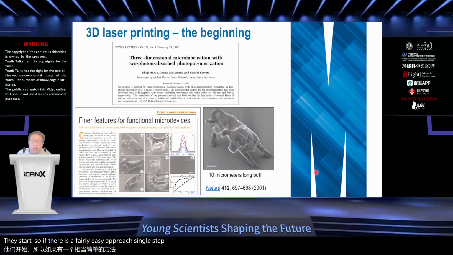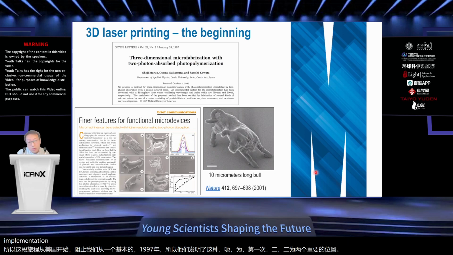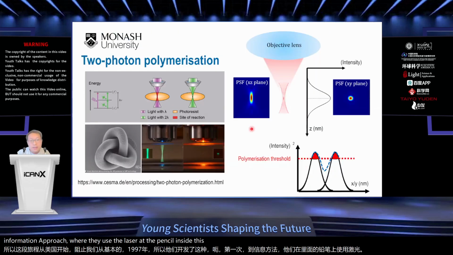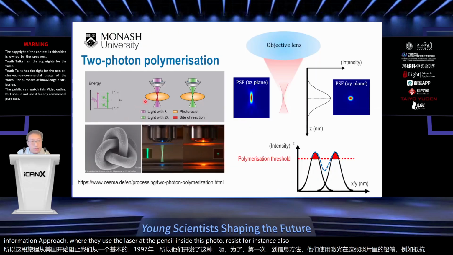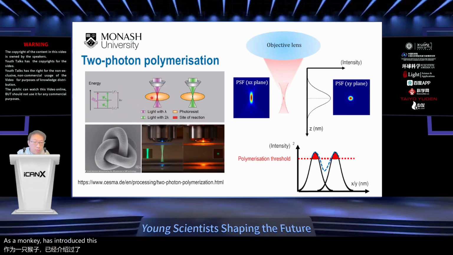The journey begins with Satoshi Kawata's group in 1997. They developed, for the first time, the two-photon polymerization approach, where they use the laser as a pencil inside the photoresist, going through a nonlinear process, as Mengjie has introduced, but we're not going to talk too much about this.